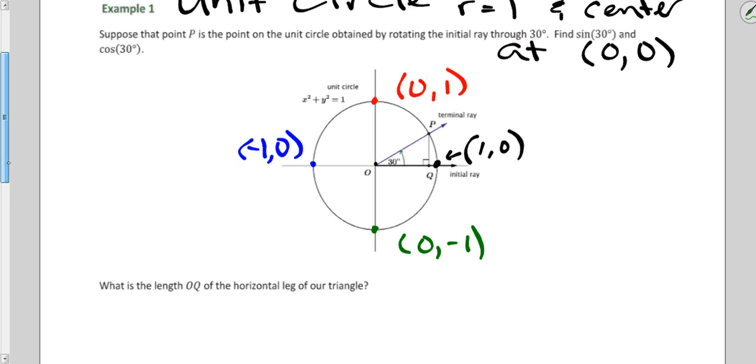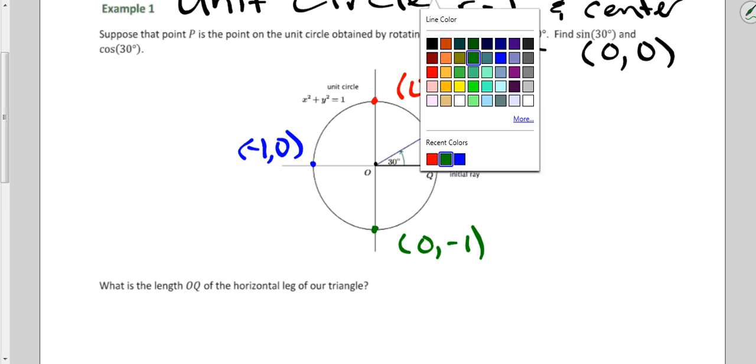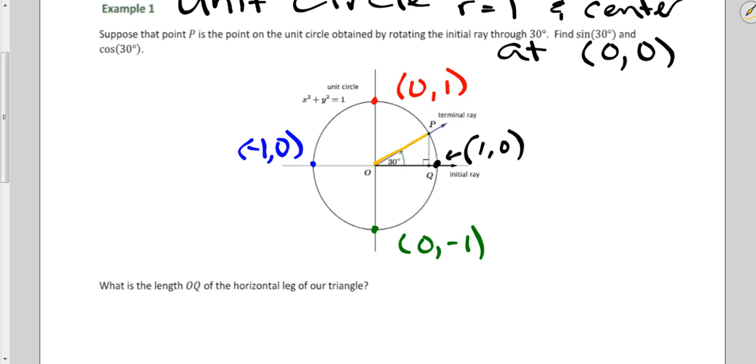Now, Jesse, what color do you want? Let's do baby turd yellow right there. What is the length of this? What's the length of that right there? I'm asking, what's the length of this hypotenuse?